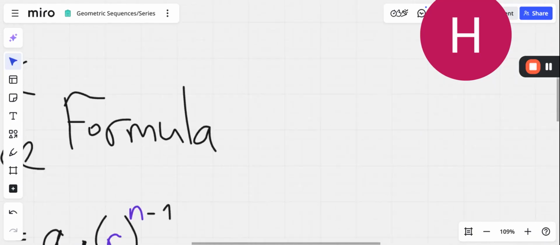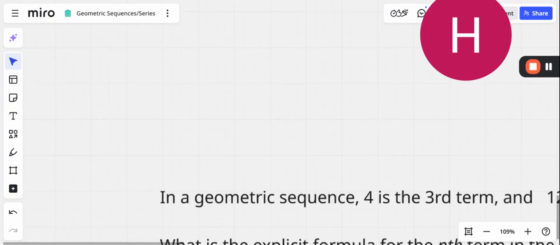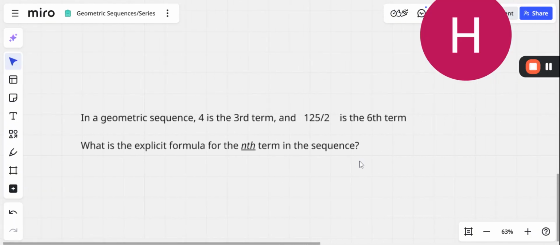I have another question right over here. In some geometric sequence, 4 is the third term. Meanwhile, 125 over 2 is the sixth term.